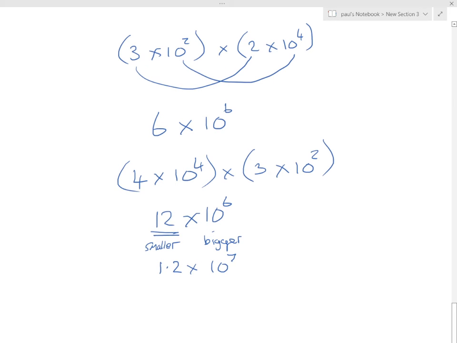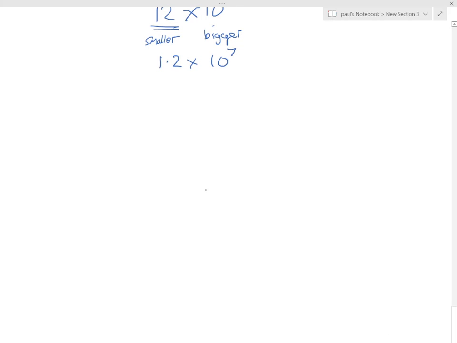That's fine. I suppose you can divide by saying 8 times 10 to the 4 divided by, you'd have to choose your numbers very carefully here, 10 to the 2. So 8 divided by 2 is 4. 10 to the 4 divided by 10 to the 2 is 4 take away 2, which is 10 to the 2.